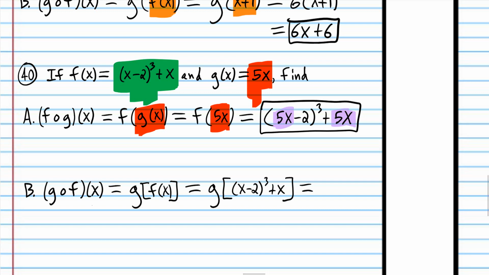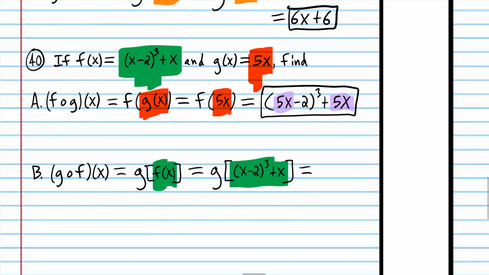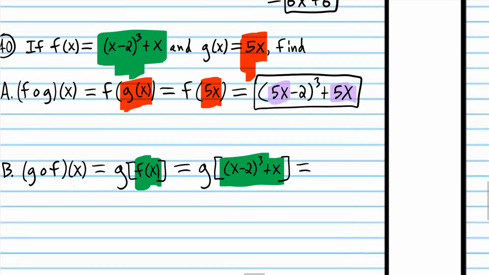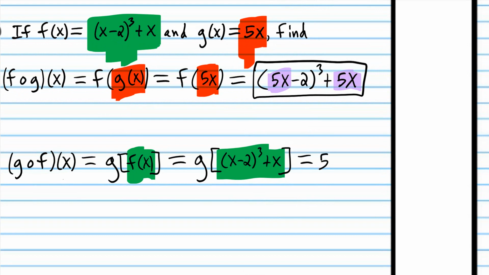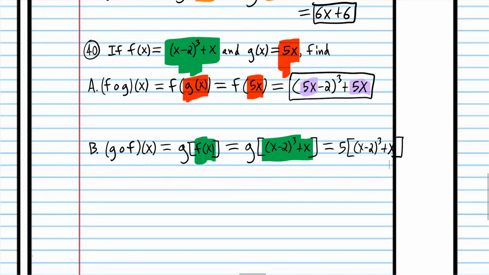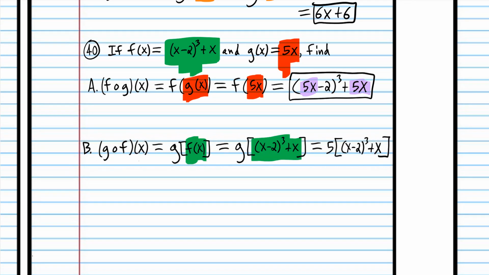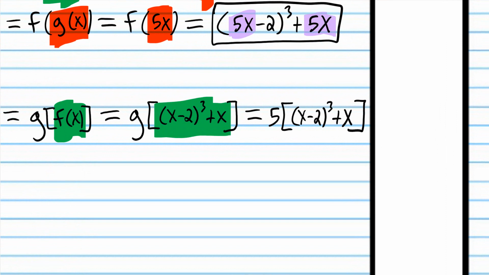So I took that green expression and put it in here. Now we want to take that whole green expression and substitute it for x in the g of x function. So we have 5 times, and I probably should use brackets, 5 times x minus 2 cubed plus x, then end bracket. Okay, so we can distribute.